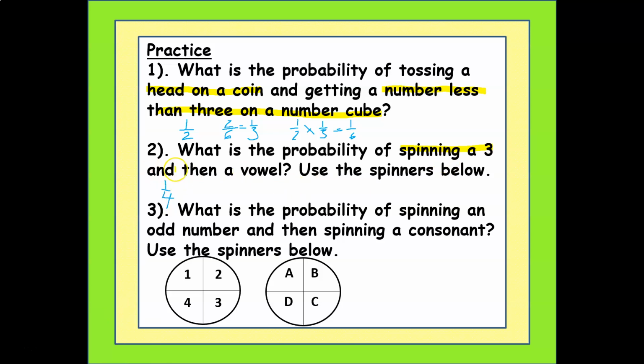And our next is spinning a vowel. So we only have one vowel on our spinner, which is A. So that would also be 1/4. So we're going to take 1/4 times 1/4, which equals 1/16.